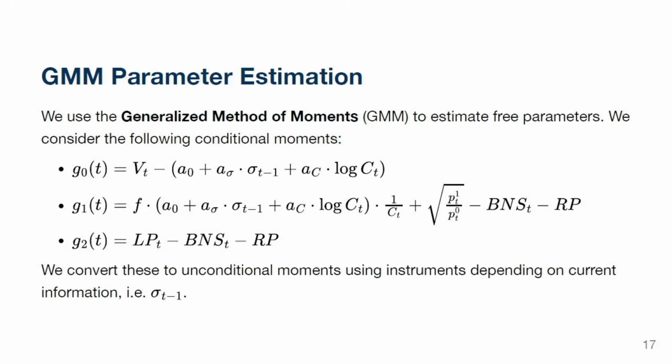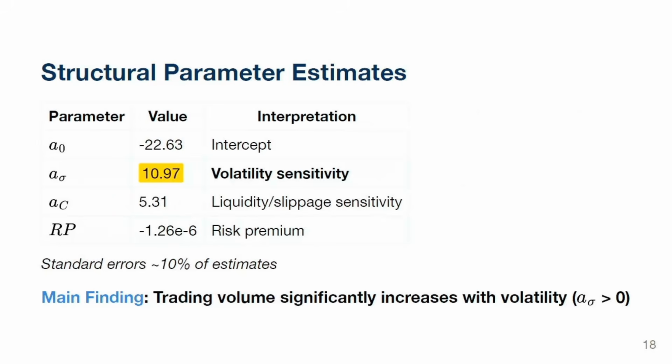This should also be around 0. And then we additionally do it for the real LP returns, just so we can tune the risk premium as well. We also convert these to unconditional moments by scaling these with current information such as lagged price volatility. Cool. So once we do this and fit our parameters, these are the exact numbers that we get.